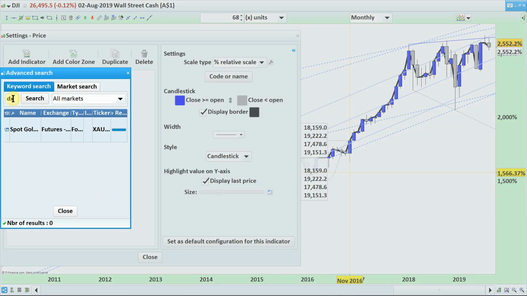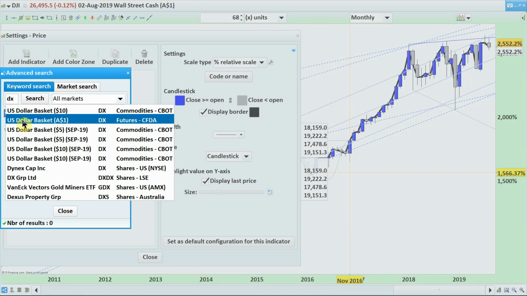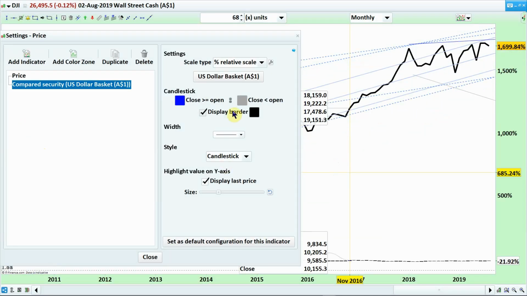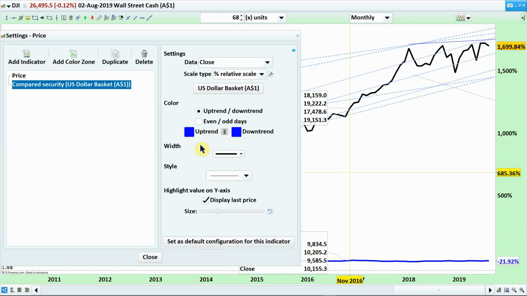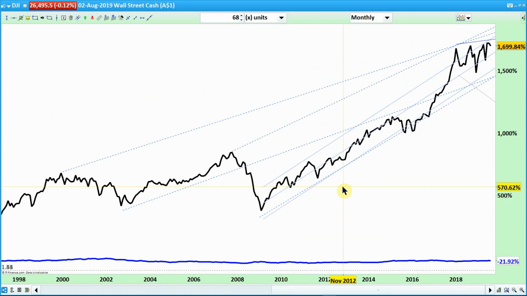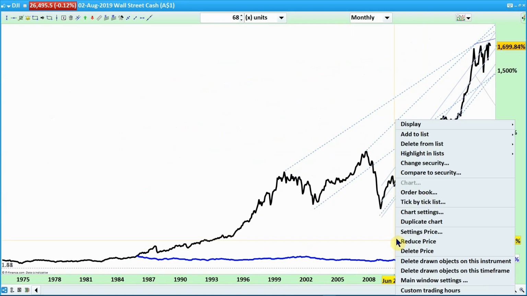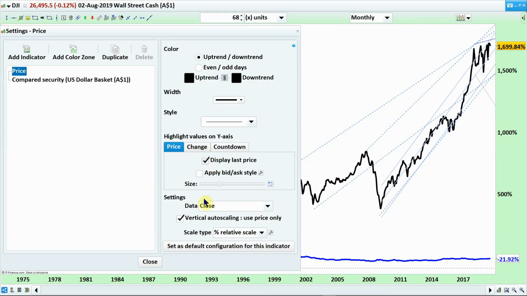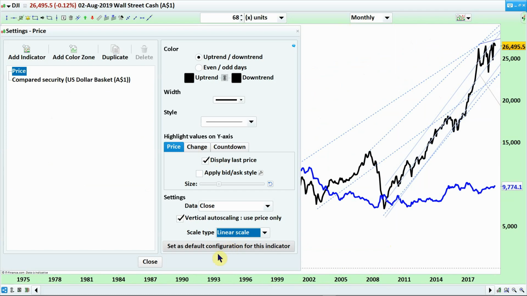So we'll see correlation between dollar index and Dow Jones to answer what my friend has asked. Selvan. Okay, so dollar index, let's make it blue. Very difficult, isn't it, scale wise?